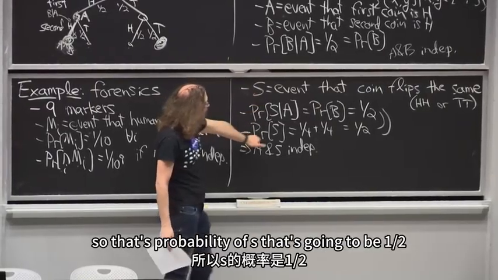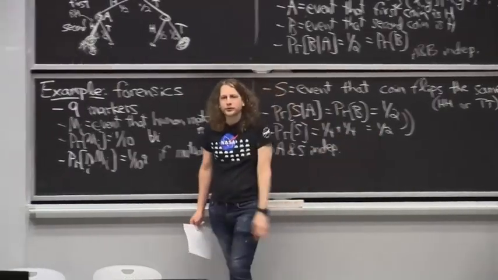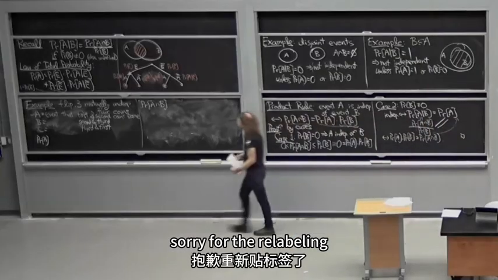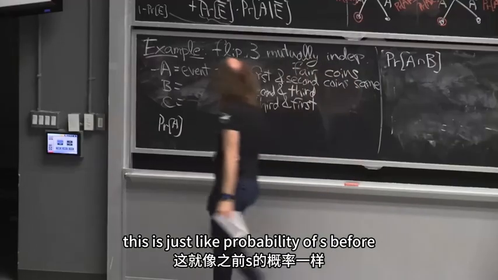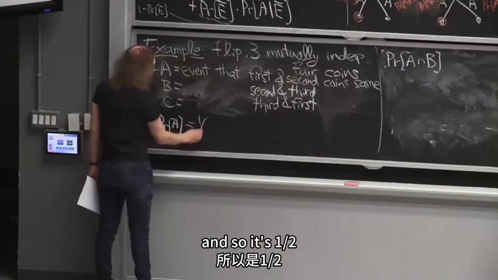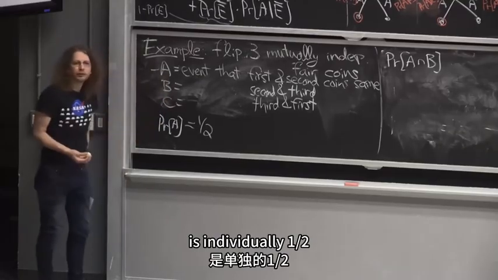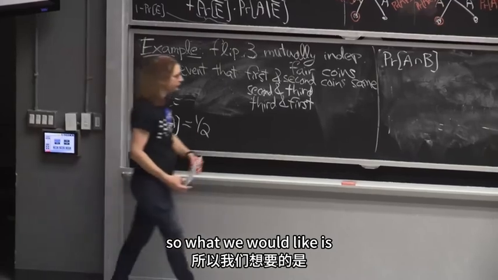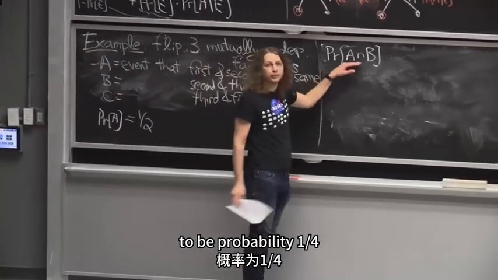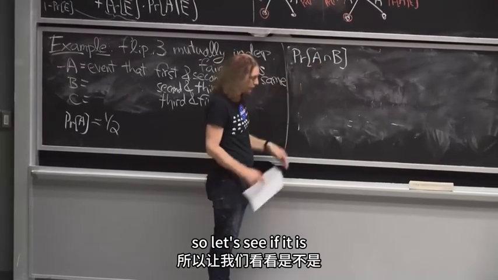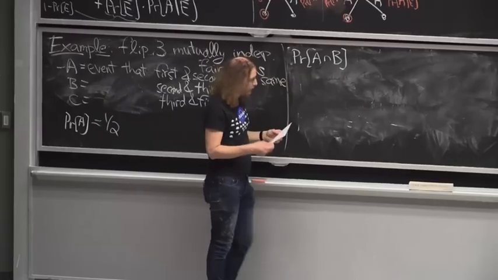That's going to be 1/2. So the probability of each of these events is individually 1/2. So what we would like is for the intersection of 2 of them to be probability 1/4, right, 1/2 times 1/2. So let's see if it is.